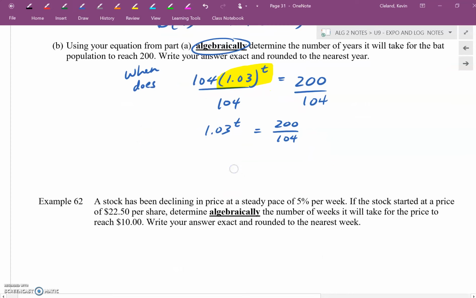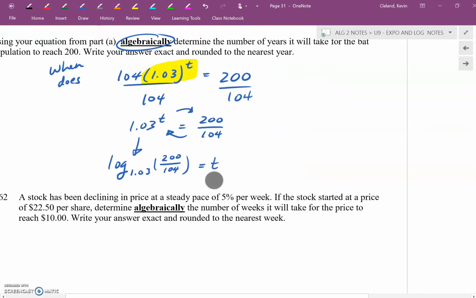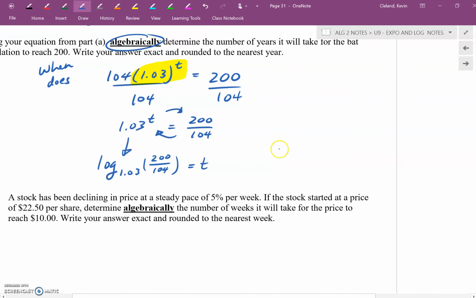Now, I don't really want to convert that to a decimal, so I'm just going to leave it. Then I'm going to bring down that 1.03, bring down your base, and perform the exponent to log switcheroo. So we would say log base 1.03 of 200 over 104 equals t. Well, that's good because that's what we're after: when does the population equal 200?